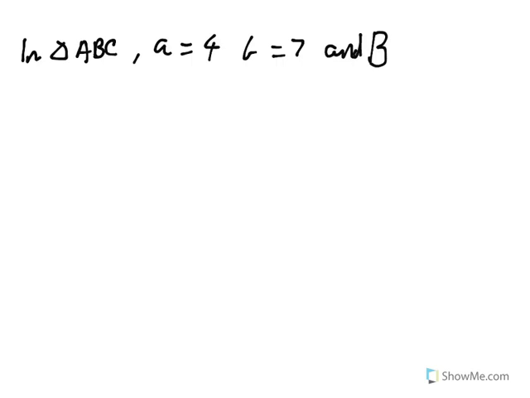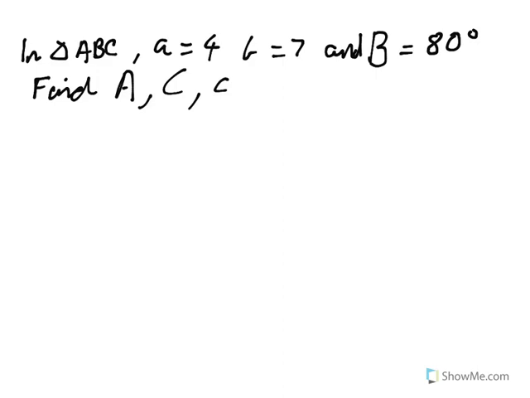Alright, so an example. In triangle ABC, a equals 4, b equals 7, and angle B equals 80 degrees. Find big angle A, angle C, and side length c.